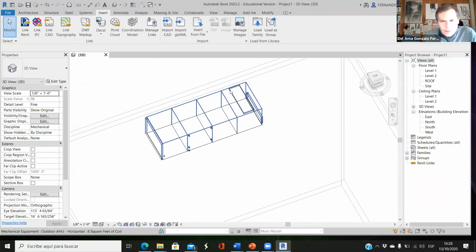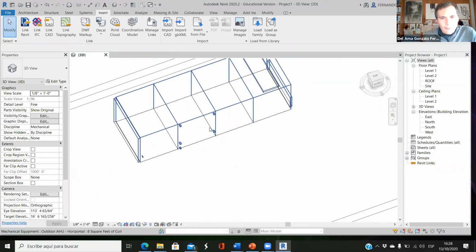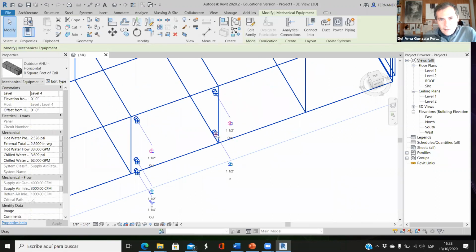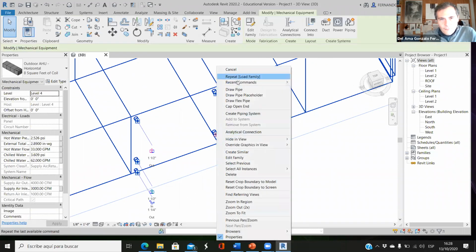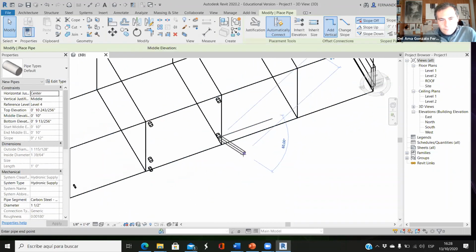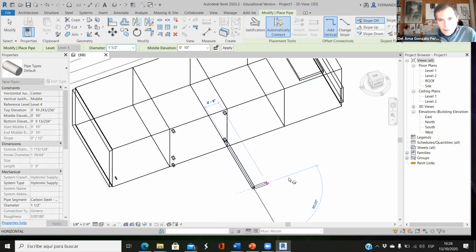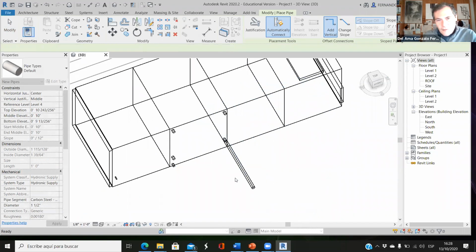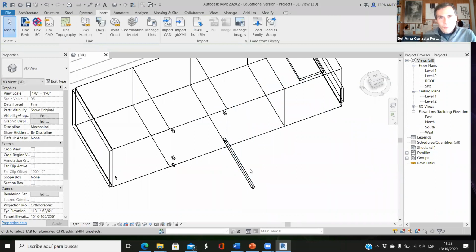And what else? Oh, yeah. So imagine that I right click here and I'm throwing a pipe. So I throw a pipe and then I want to, okay, it doesn't let me do this. Why? Because there are no elbows. So I haven't loaded any family about pipes.